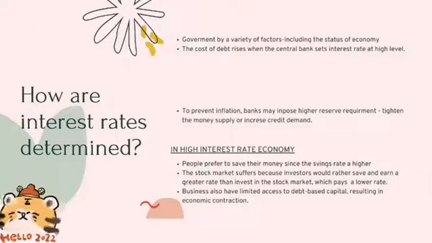The cost of debt rises when the central bank sets interest rates at a high level. When debt costs are high, people are less likely to borrow, which lowers consumer demand. Interest rates also tend to climb in tandem with inflation. Second, to prevent inflation, banks may impose higher reserve requirements, tighten the money supply, and increase credit demand.